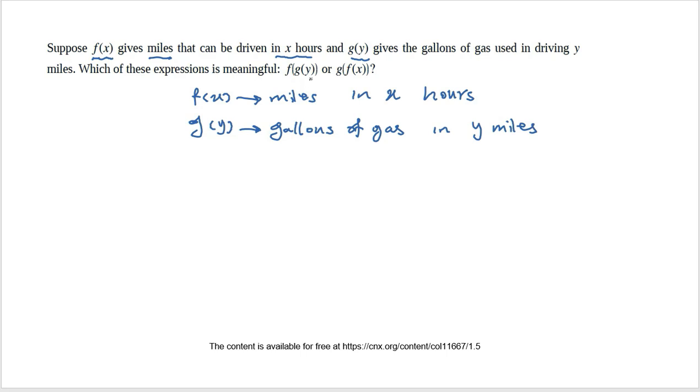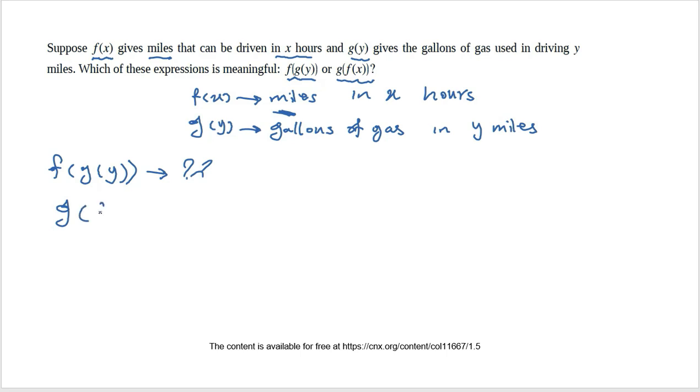So which one makes sense? f of g of y or g of f of x? f of g of y means miles in x hours is a function of gallons. How many miles is going, is it dependent on gallons?